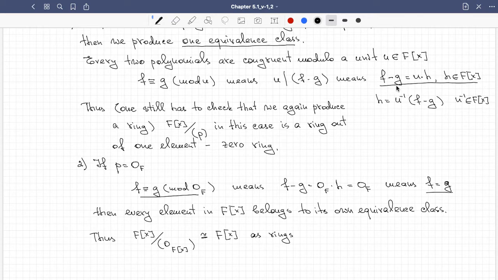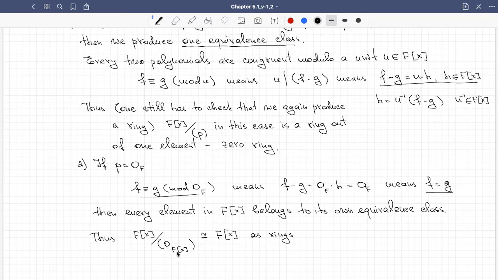But write it this way, and we got it. F minus g is 0 times a polynomial, which is anyway 0, means f is equal to g, means every equivalence class contains exactly one element.